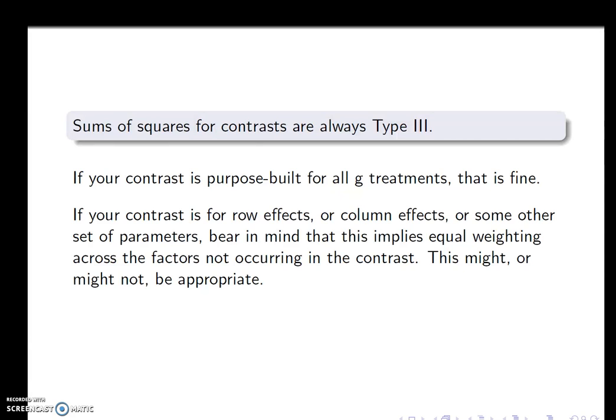And if your contrast is just for the row effects or the column effects or another set of parameters, bear in mind that this implies equal weighting across the factors that is not really occurring in the contrast, or this might or might not be something that you think is appropriate. Okay, so just keep that in mind. Again, I think with our in-class work, we'll hopefully investigate this a little bit more.